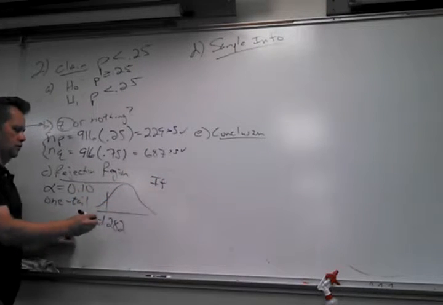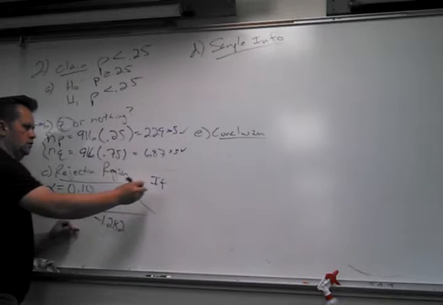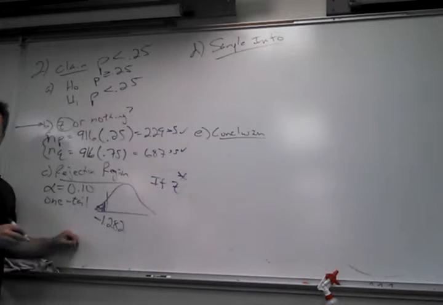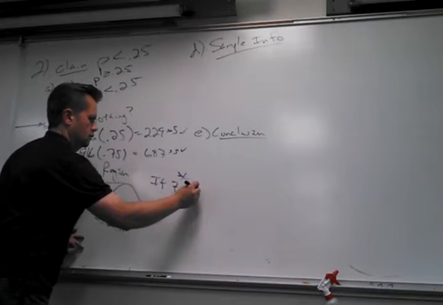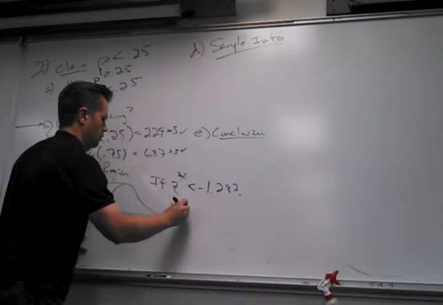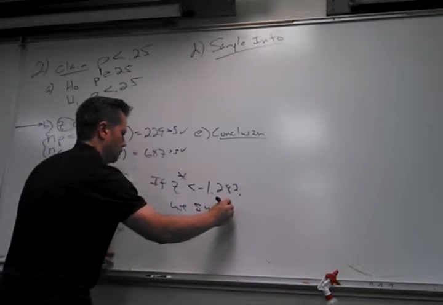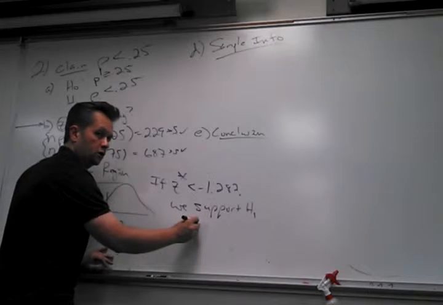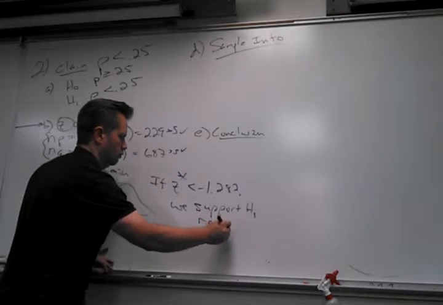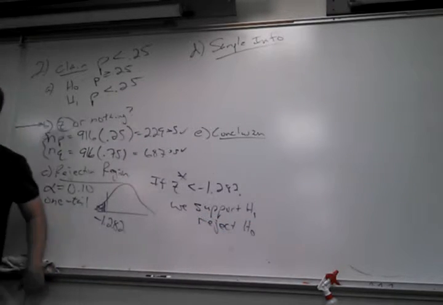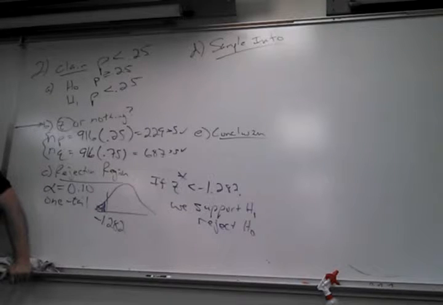If z star is less than negative 1.282, we support the H1. So I'll do opposite order, like somebody said earlier. Support the H1, which means we can also reject the H0. I like the way you said that. Reject the H0. Good.